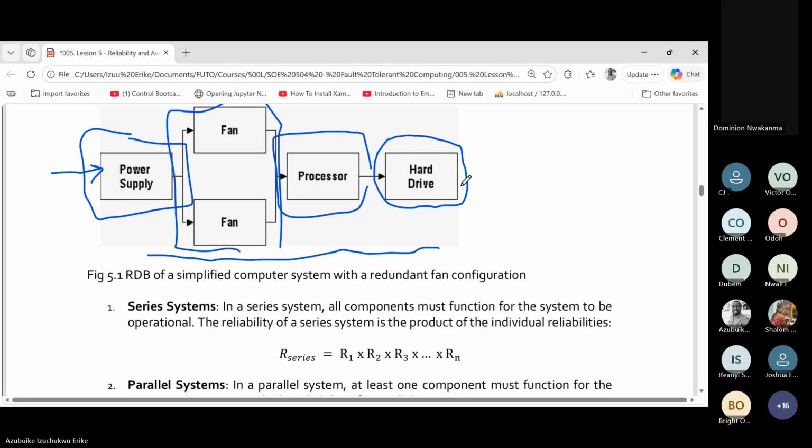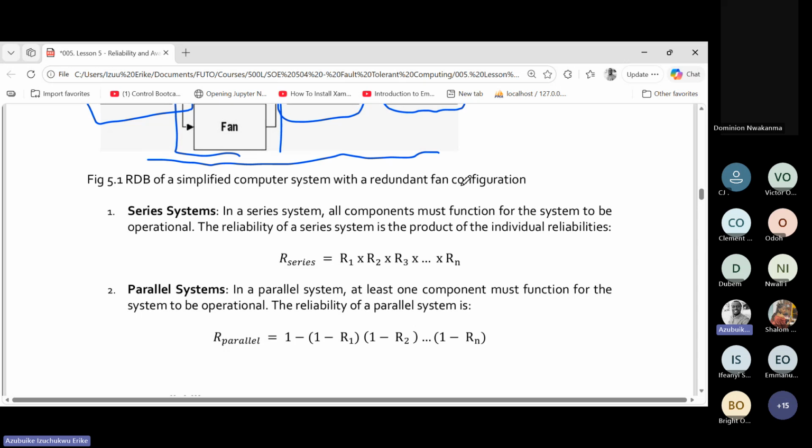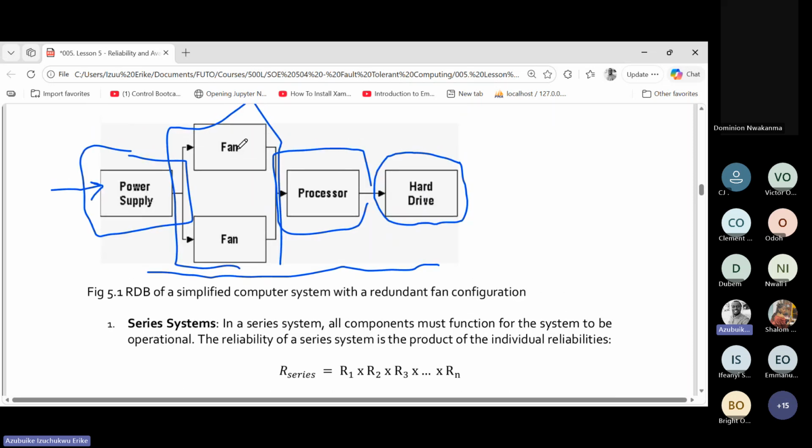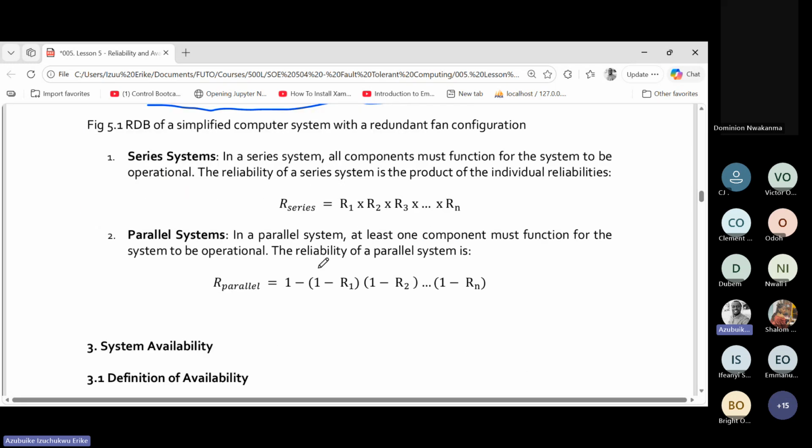All right. Now, if we want to talk about parallel systems, that means in a parallel system, at least one component must function for the system to be operational. Just like I mentioned here, it's possible that we can have this fan destroyed, and then this fan will take over the function and still be working. Okay, so the reliability of a parallel system is shown here.